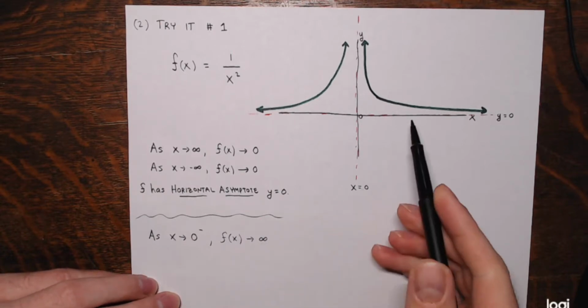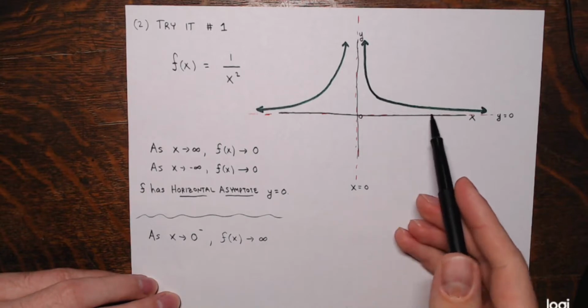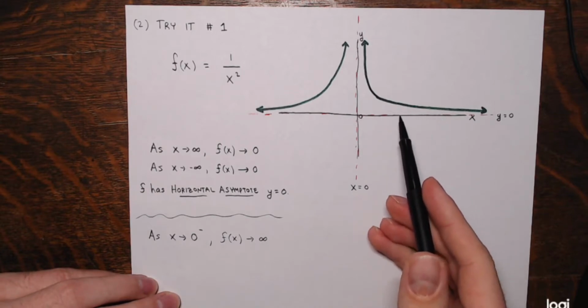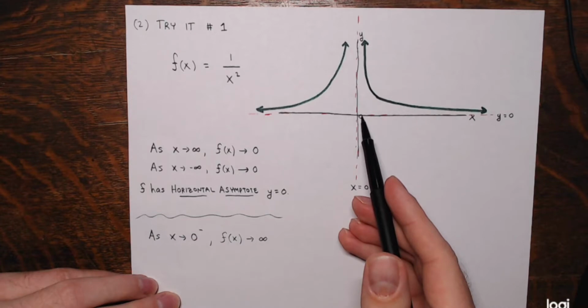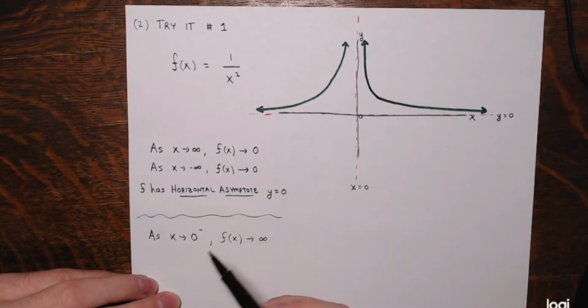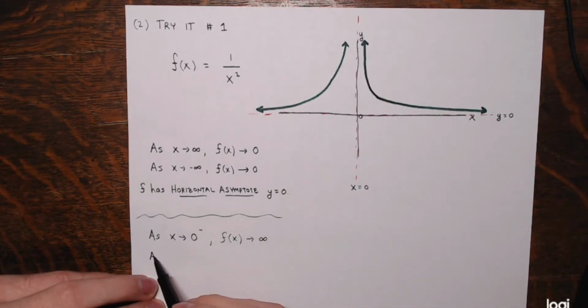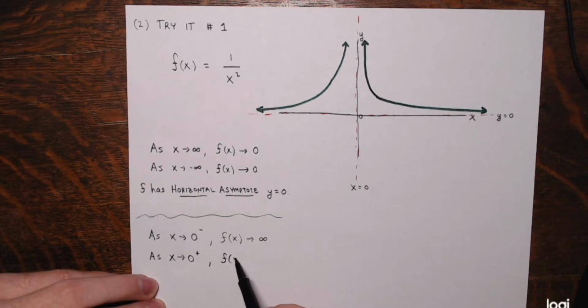And the same thing happens on the other side, right? As x approaches 0 from the right, the function's also going to infinity, right? The output. So as x approaches 0 from the right side, with a little plus sign, f of x also approaches infinity.